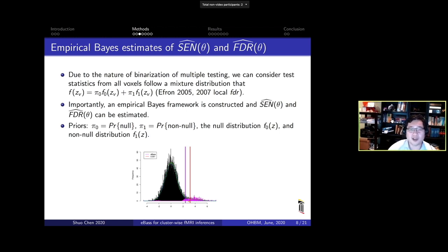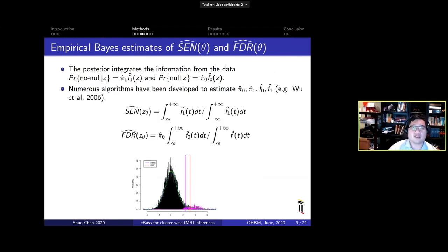Accordingly, we can estimate pi 0, pi 1, f1, and f0 using an empirical-based method. There have been many algorithms to calculate that, by Efron's work and later by Wu's work in 2006. Essentially, we can estimate pi 1, pi 0, and f1 based on the distribution of the data, so the posterior probability of the non-null distribution comes from the data.